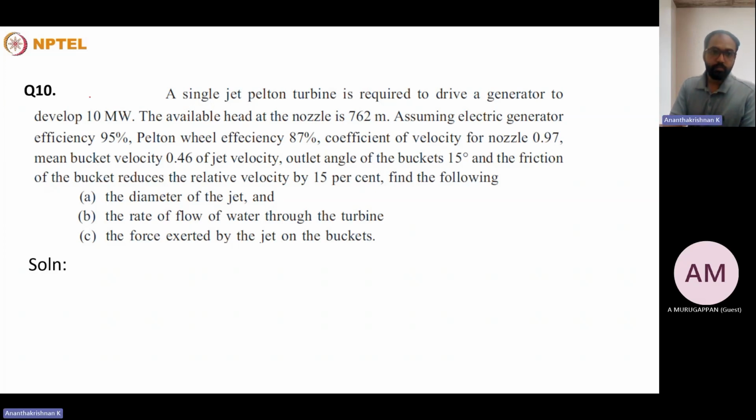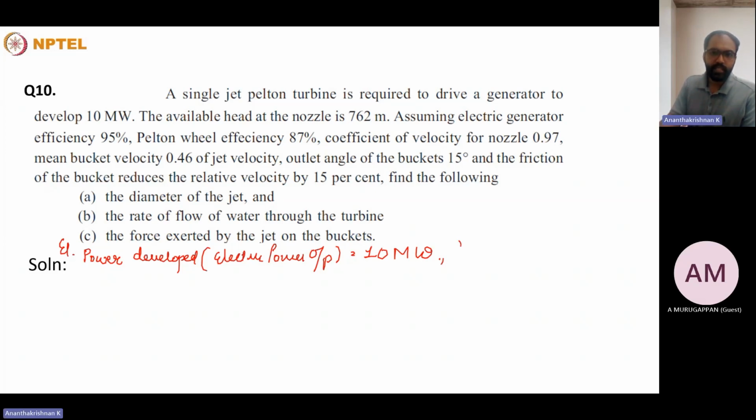In this particular problem, the electric power developed, the electric power output, is given as 10 megawatt.